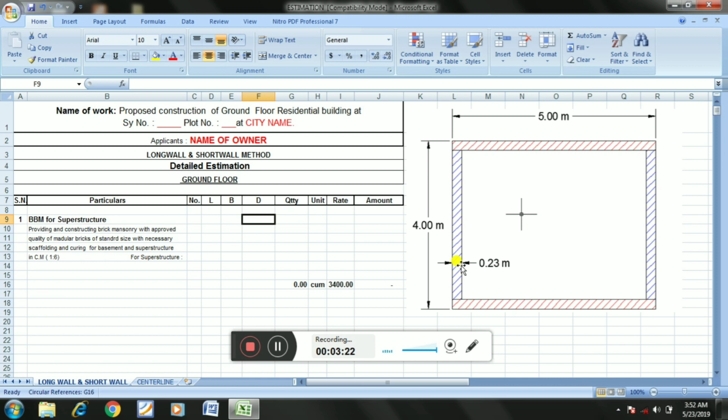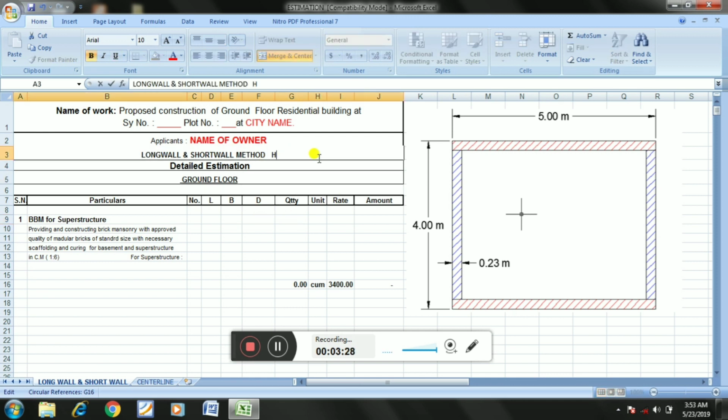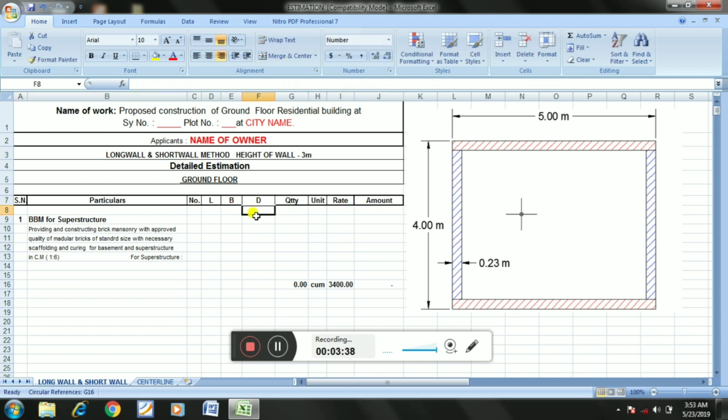So here I'll be considering the height of wall as 3 meter. Whatever the depth of this wall is, it is taken as 3 meter.